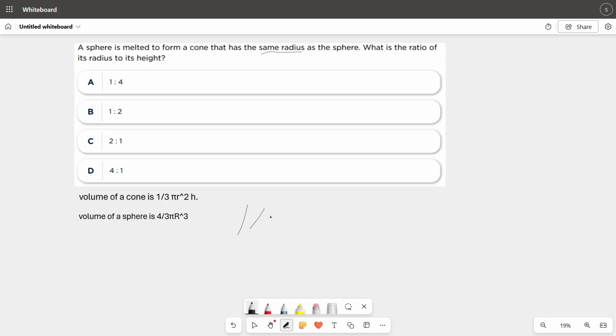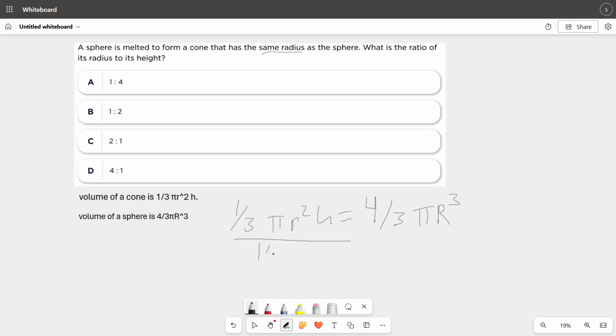So 1 over 3 pi r squared h is equal to 4 over 3 pi r cubed. And it looks like we can divide by 1 over 3 pi r squared on both sides.